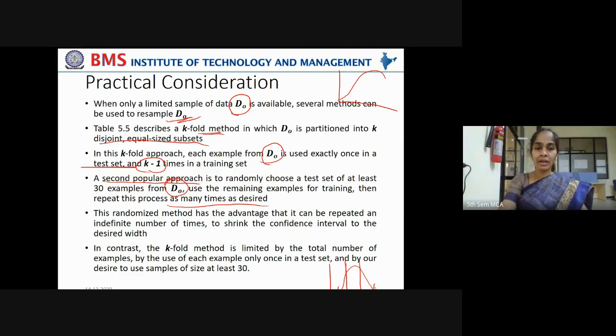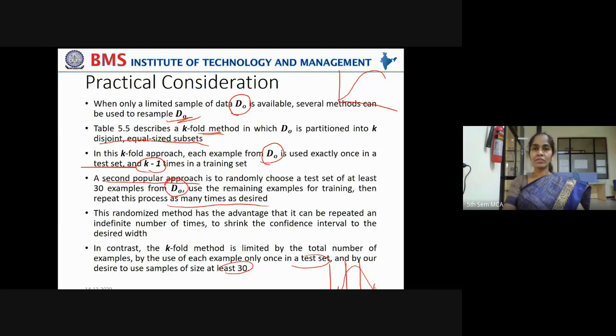In contrast, the k-fold method is limited. You perform it only k number of times, by the total number of examples, by the use of each example only once in a test set, and by our desire to use samples of size at least 30.